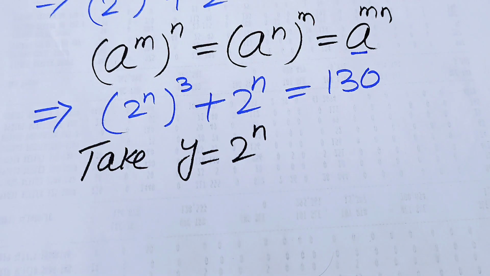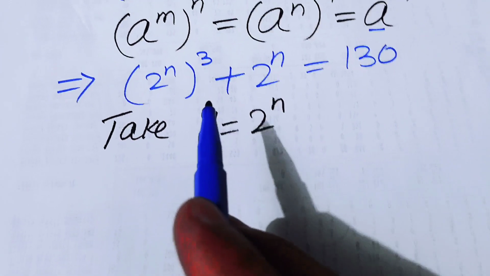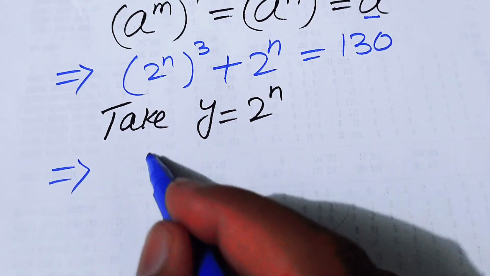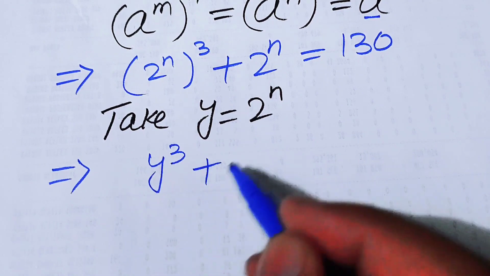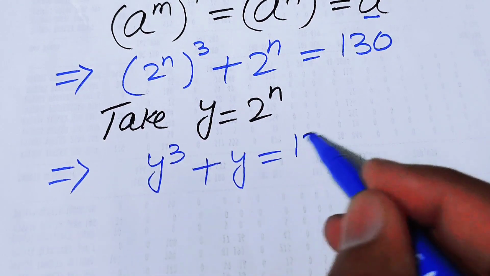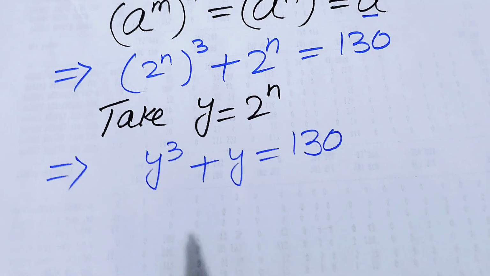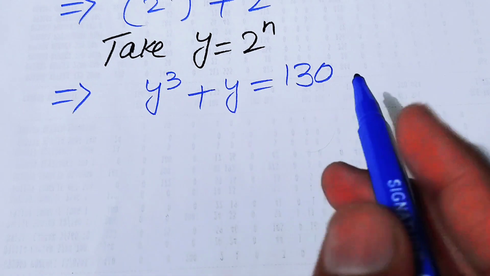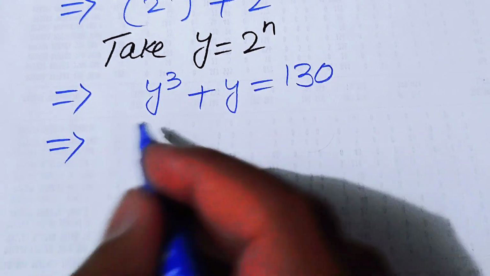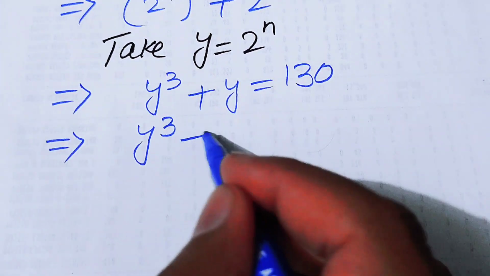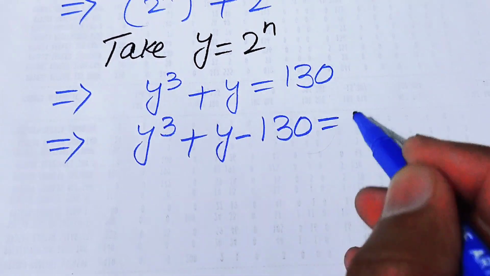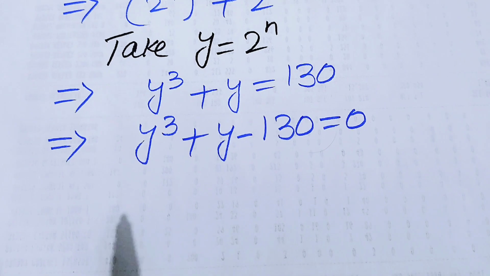So when we put y is equal to 2 to the power of n, this exponential equation becomes a cubic form, and it is written as y cubed plus y is equal to 130. After this step we move this 130 to the left hand side and we get y cubed plus y minus 130 is equal to 0.